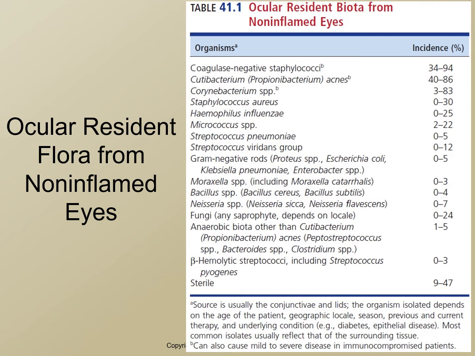You'll see at the top the coagulase-negative staph make up 34 to 94% of the normal flora. Propionibacterium acnes makes up 40 to 86%, and then Corynebacterium makes up anywhere from 3 to 83%. The remaining organisms have a smaller incidence, varying from 0% to 30%.